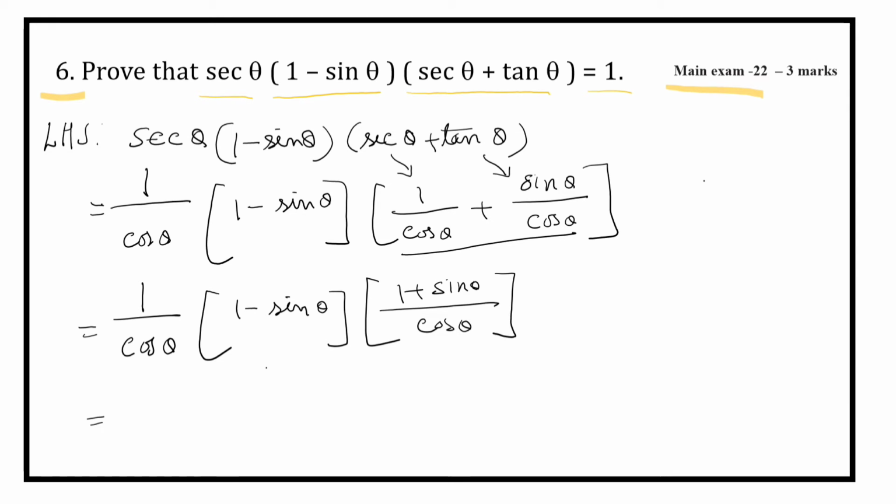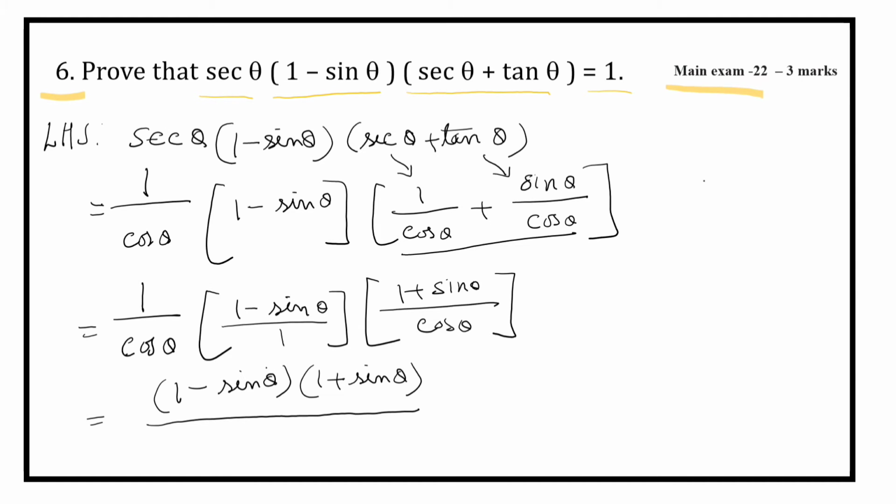Now let us multiply all these things. What is it? 1 into 1 minus sin theta is 1 minus sin theta. Numerator into numerator. Here 1 plus sin theta. Not LCM, just multiplication. Here denominator is 1.